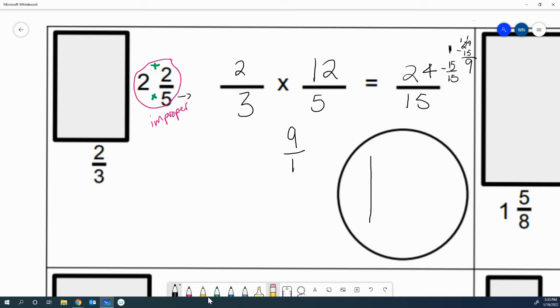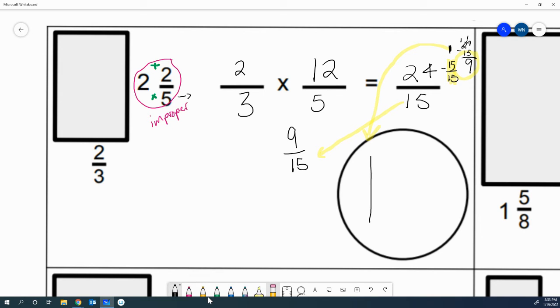And my denominator stays the same at 15. Let's review that to make sure we caught how we did that. I had 24/15 and I subtracted 15/15, or 1 whole. When I pulled that 1 whole out, I know that I had 1 whole number, and I had a remainder of 9. So I'm going to pop that remainder on as my numerator and keep my denominator exactly the same.